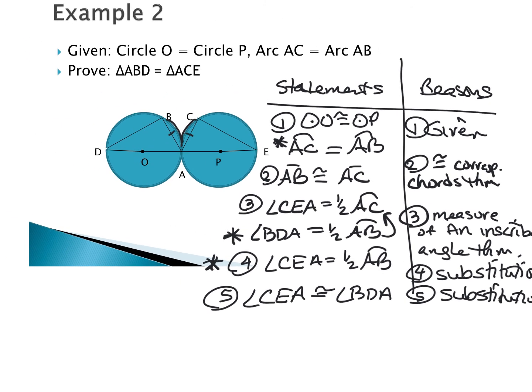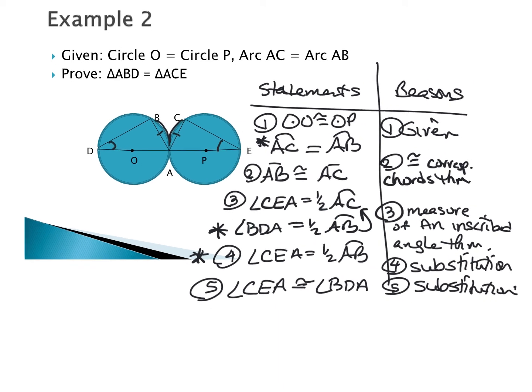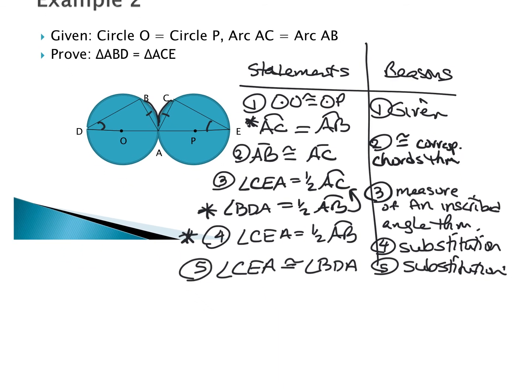So far, I have that side marked as congruent. I now have this angle marked as congruent. I need to find one more piece that I could show is congruent. So next what I could do is I could state that angle B equals 90 and angle C equals 90.